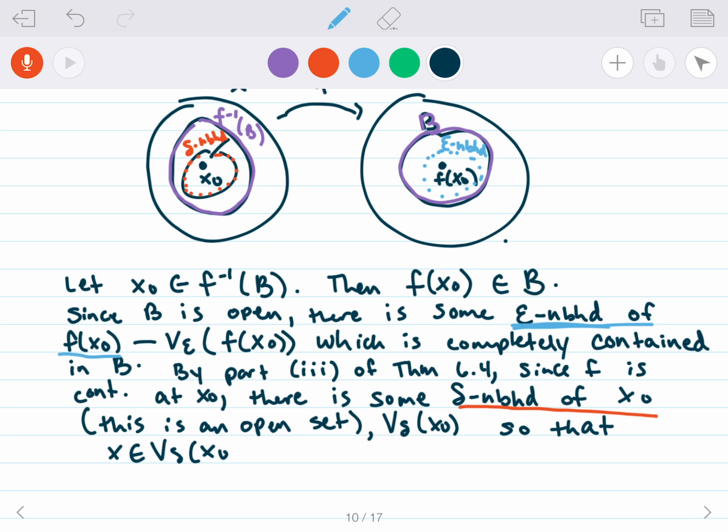Okay, so that whenever x is in this neighborhood, that's going to imply that f of x is in that epsilon neighborhood over to the right.